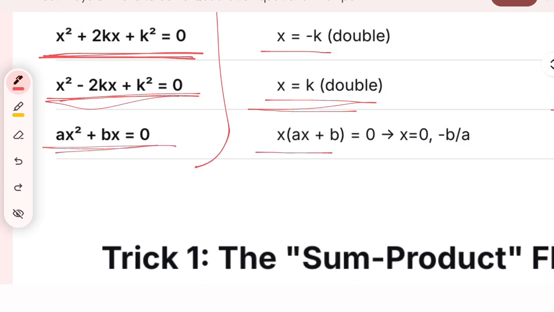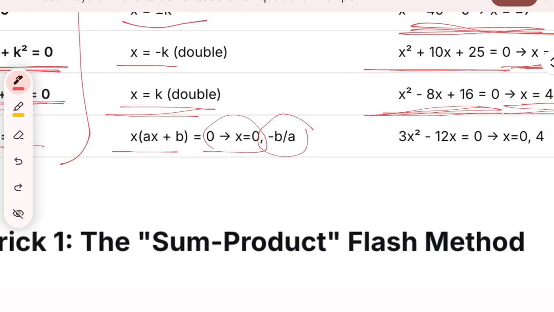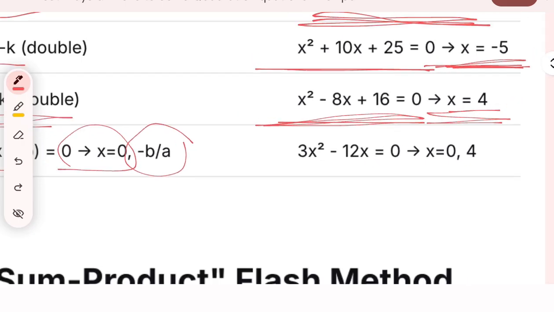And lastly, if you have a pattern that looks like this, then the values of x would be x equal to 0 and x equal to negative b over a. An example for that is something like this, and you have x equal to 0 and x equal to 4, where x is equal to b divided by a. In this case, b is 12, a is 3, and 12 divided by 3 is 4.